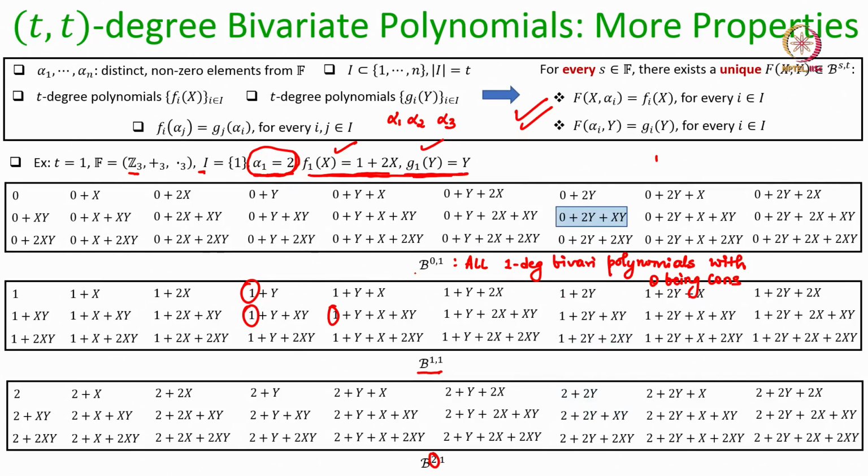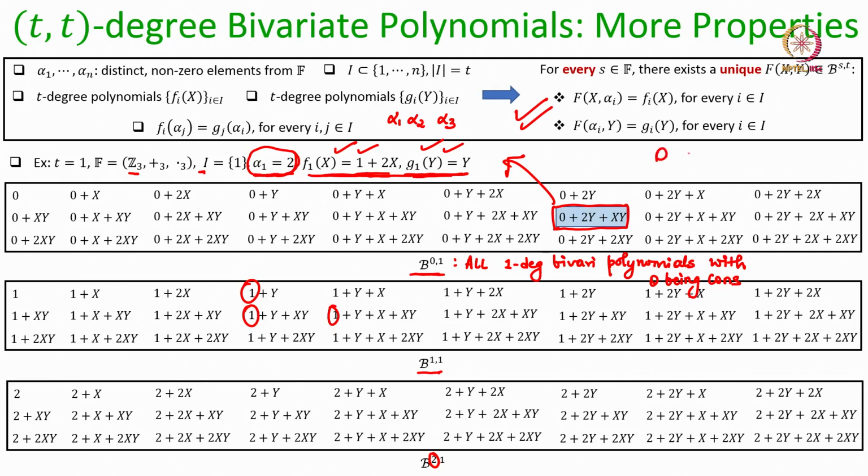Now, among all the bivariate polynomials whose constant term is 0, there is one and only one bivariate polynomial, namely this highlighted bivariate polynomial, which when evaluated at x equal to alpha 1 and which when evaluated at y equal to alpha 1 would have produced these two univariate polynomials. You can verify that. So, 0 plus 2y plus xy when I evaluate it at x equal to alpha 1, and alpha 1 is 2 here.